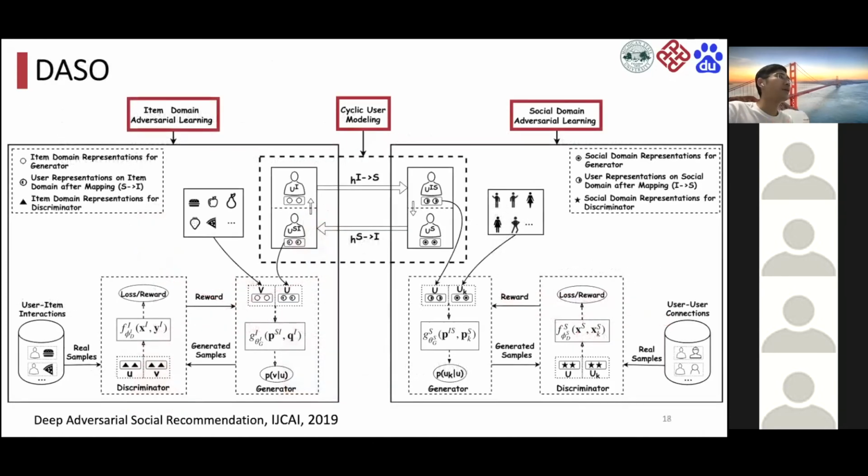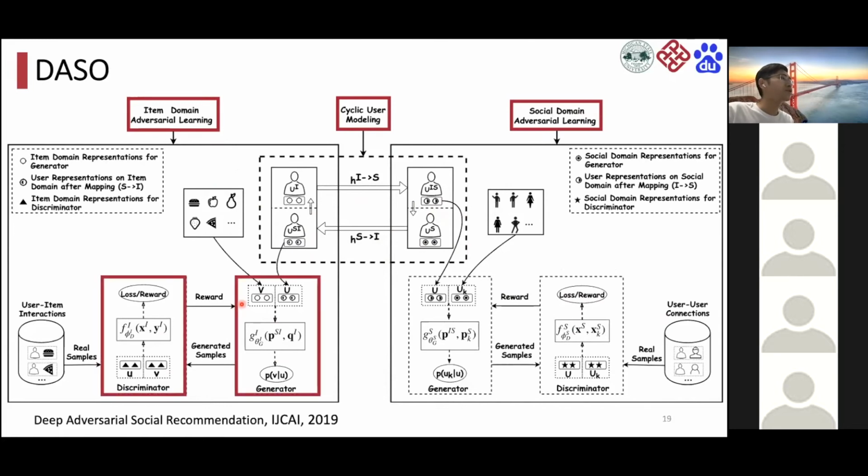Okay, let's take a look at the framework of the proposed method. It consists of three main components. In the middle is the cyclic user modeling, which we have already mentioned. The item adversarial learning and the social domain adversarial learning are on either side.